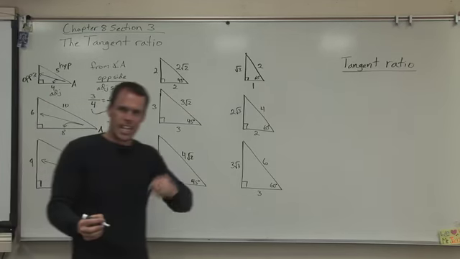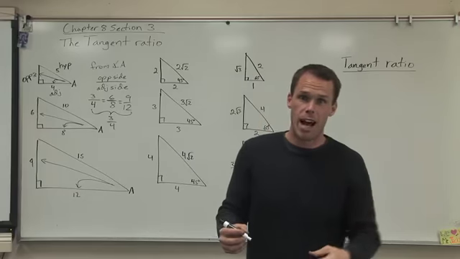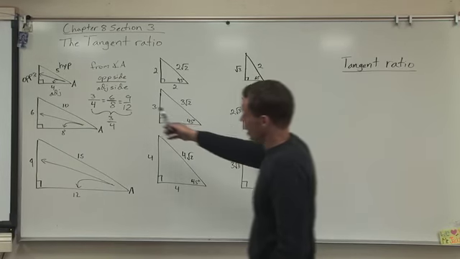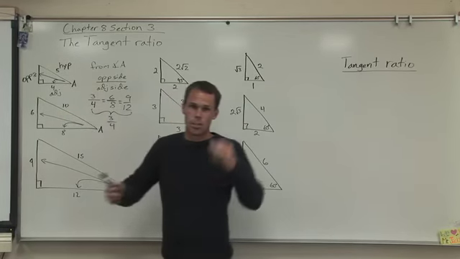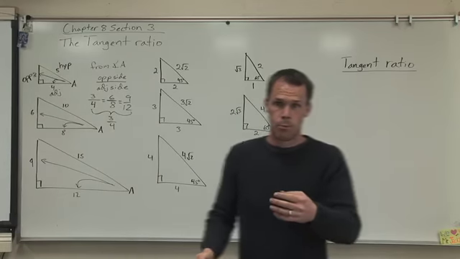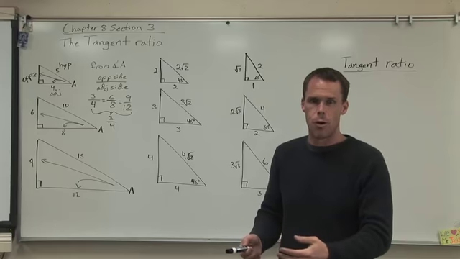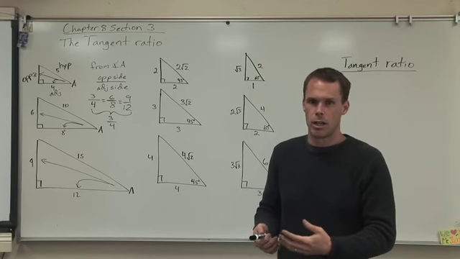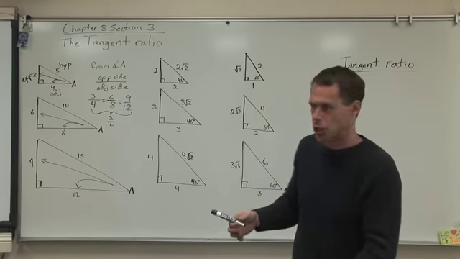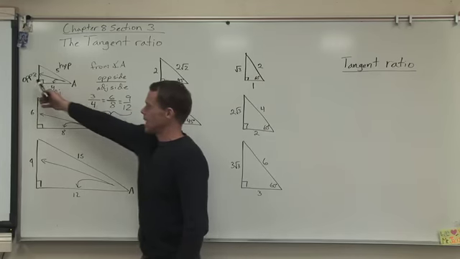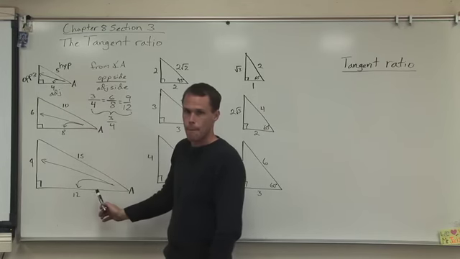So what I've learned is that in the 3, 4, 5 right triangle, across from angle A, the relationship is always 3 to 4. The opposite to adjacent ratio is always 3 to 4. This is not a similarity ratio. This is just the relationship between the opposite and adjacent from angle A.